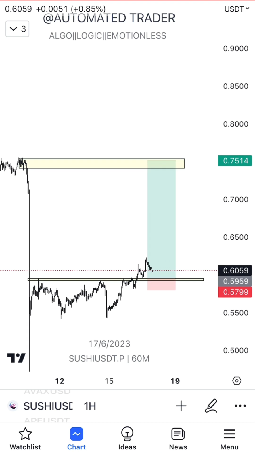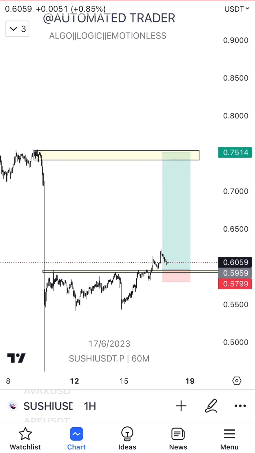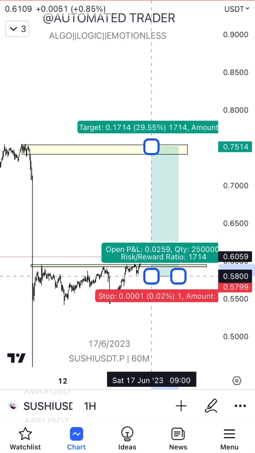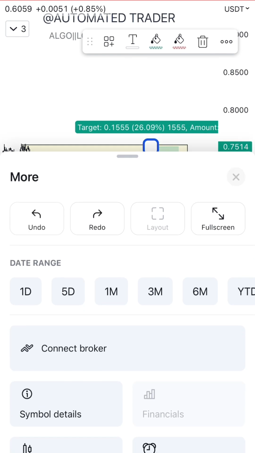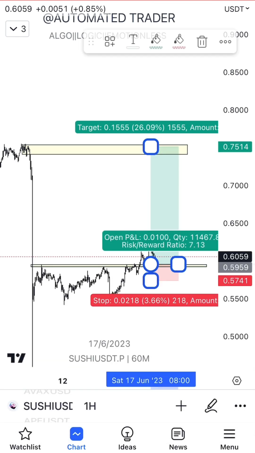Now, what happens here is we have gotten our analysis clear. So the first step has been checked clear. Let me increase this a little bit.